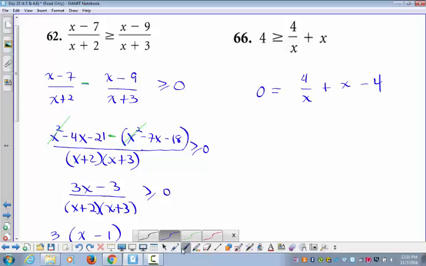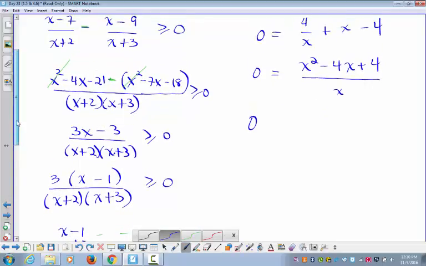Now that's not a fraction yet. We have to force that to be a fraction. What's the common denominator? X. So we're going to multiply this middle term by x over x. That's going to be an x squared, and then I'm going to reorder it. Multiply that by x over x, we get minus 4x. This one already has an x in the denominator, so we have that.